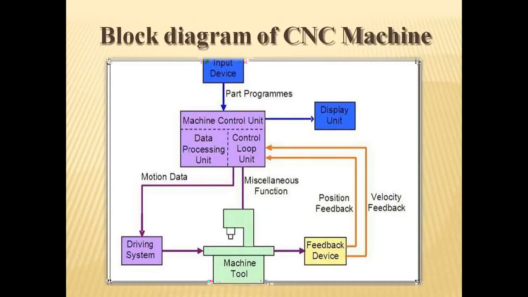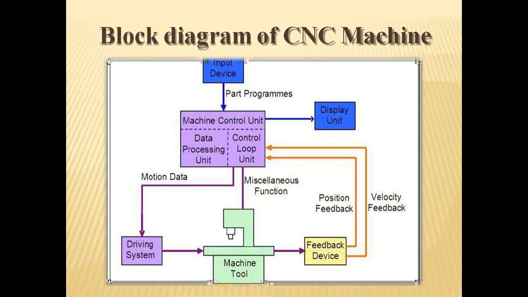Next is the block diagram of a CNC machine. Here the machine control unit is divided into 2 units: the data processing unit and the control loop unit. Once the input device is filled with a part program, this part program goes to the machine control unit.